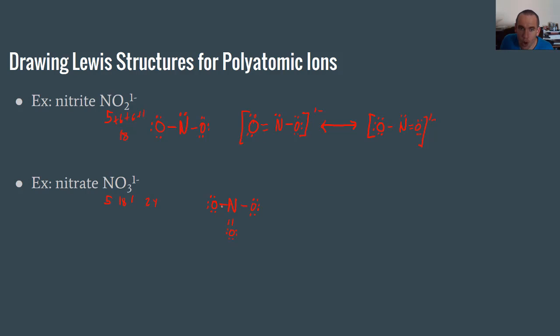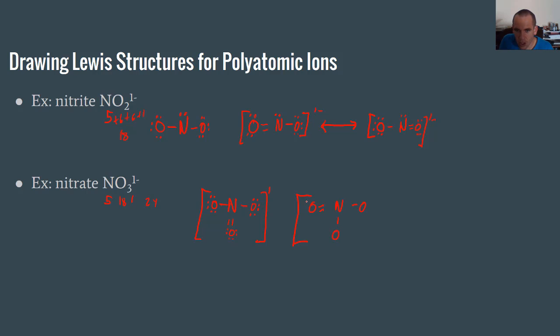We could do it here, or we could do it on the left one, or we could do it on the right one. And this one is a little bit more important as a resonance structure because they are actually different depending on where that double bond is drawn. So again, we're going to have 3 resonance structures with this one. We can put the double bond on either side, or we can put that double bond down below.